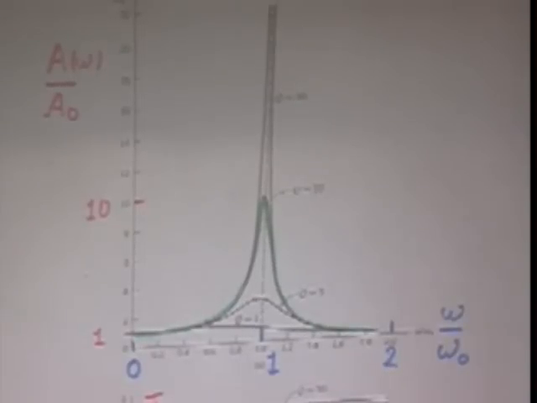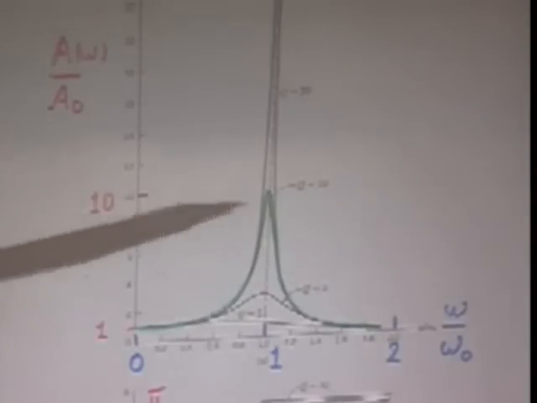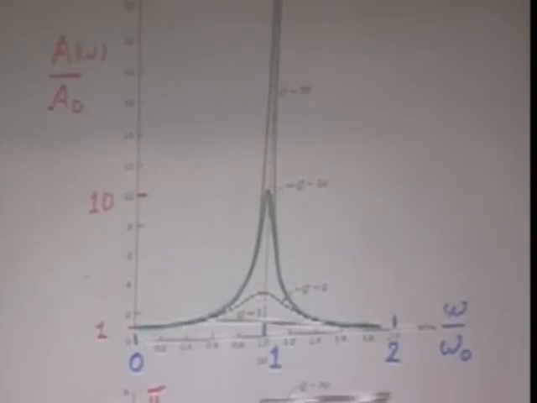And you see here these various curves for different values of Q. And the one that I made green is Q equals 10. And no surprise that the height is at plus 10, because we predicted that it is Q times higher than the amplitude when we have low frequency. And you see indeed that the red one is very close to 10.